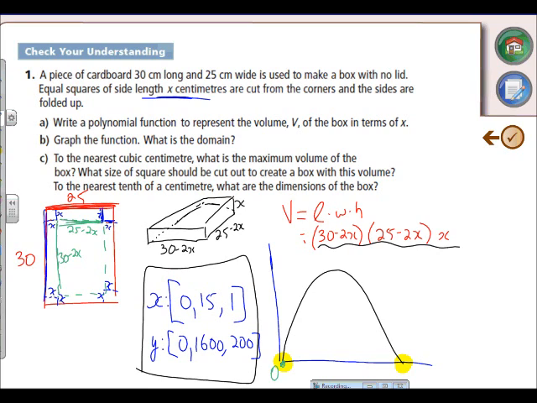It's not going to be able to be made into a box. So our domain is x where 0 is less than x, it can't equal 0, which is then less than... well, we've got to find out what this value is right there.